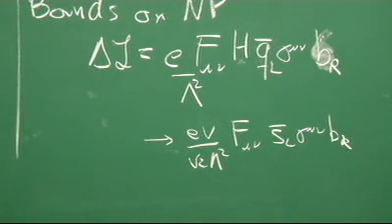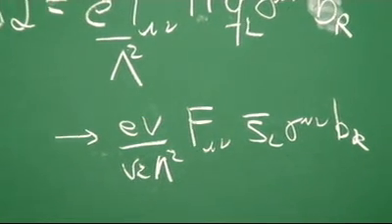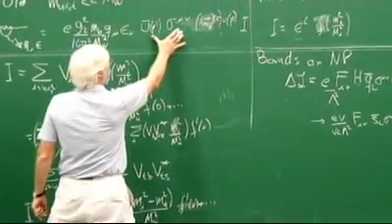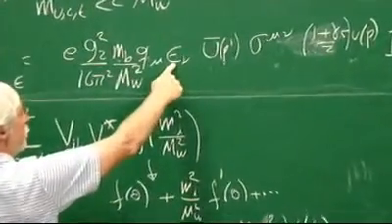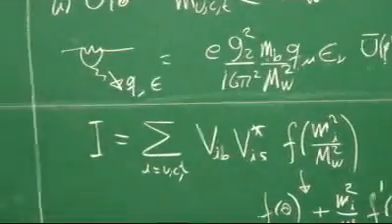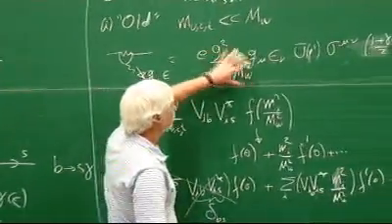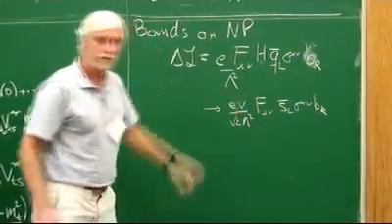And you can read out the Feynman rule for that. It looks like what I wrote down on this line: this combination of spinors, polarization vector, and momentum q of the photon, except that the prefactor is simply e v over lambda squared.